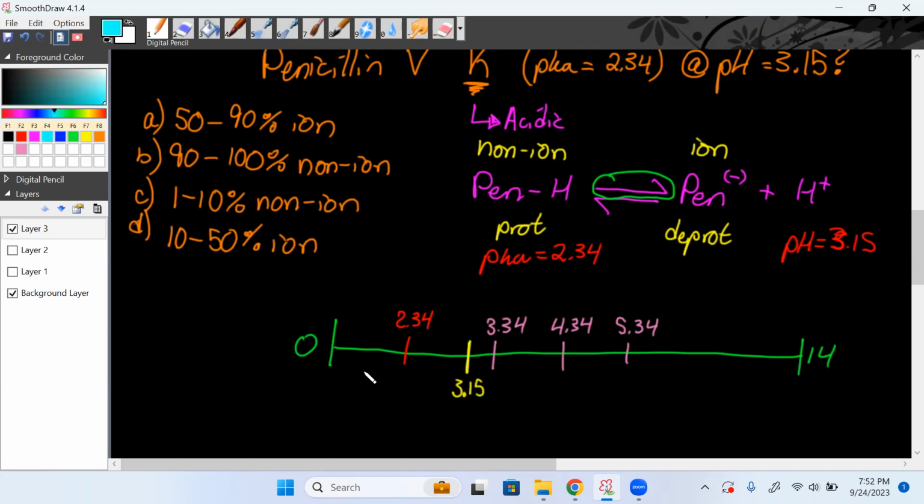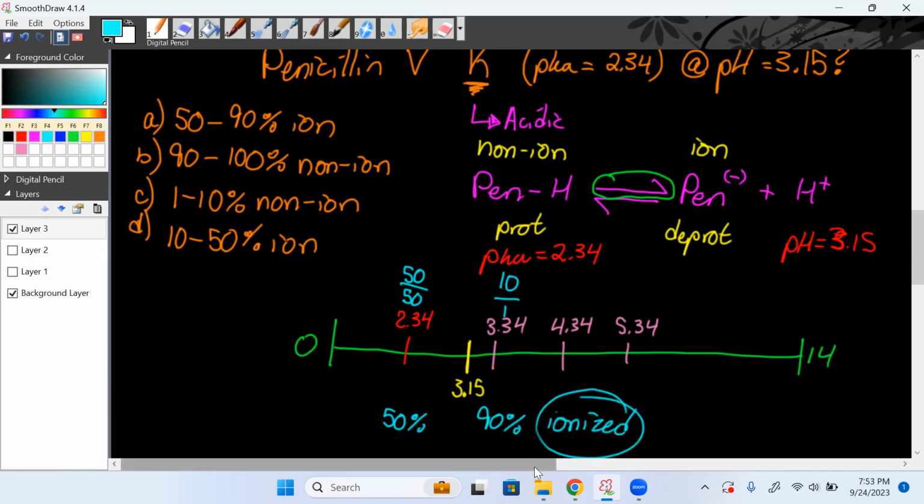So what is going on here? Well, at the pKa, we have 50 over 50, right? Whereas at 3.14, we would have 10 over 1. So we would be between 50% and 90% ionized. How do we know it's ionized?